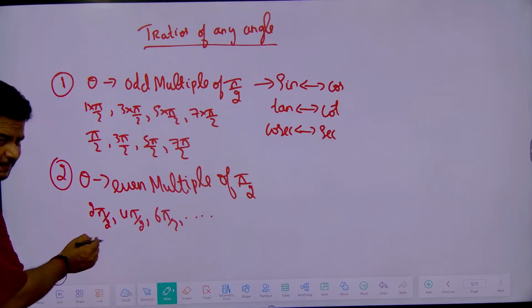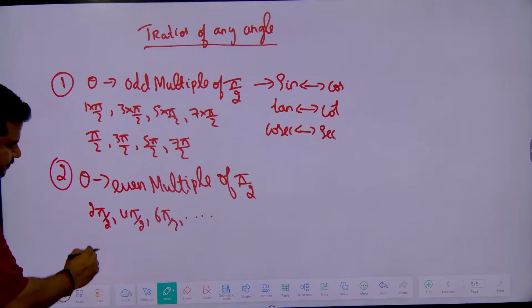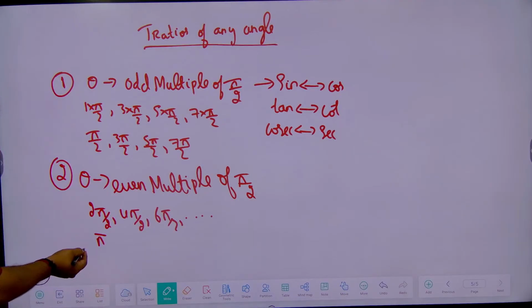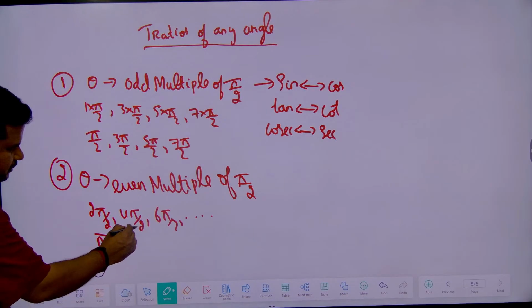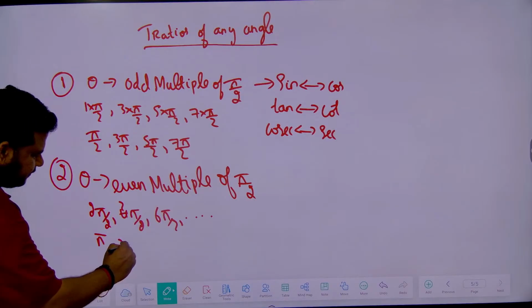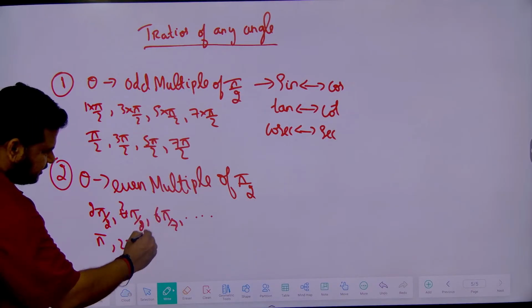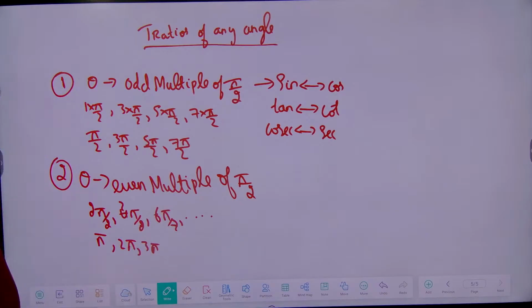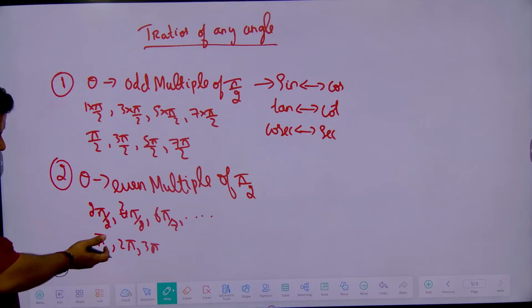So 2 pi by 2, the 2 cancels, I will get pi. 4 pi by 2 gives 2 pi. 6 pi by 2 gives 3 pi. So if I have sin pi plus something, sin pi minus something, sin 2 pi plus something, sin 2 pi minus something, sin 3 pi plus something or minus something.